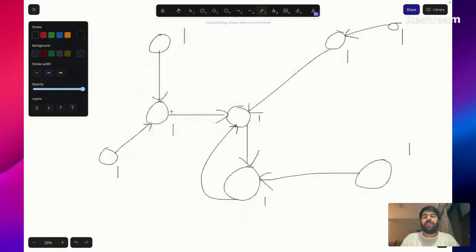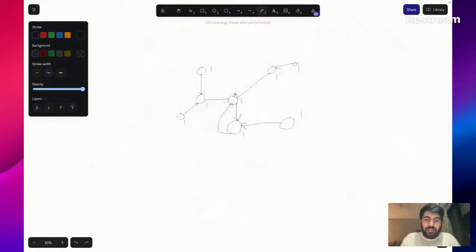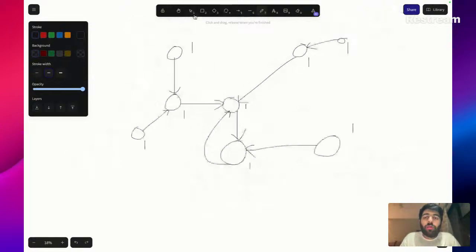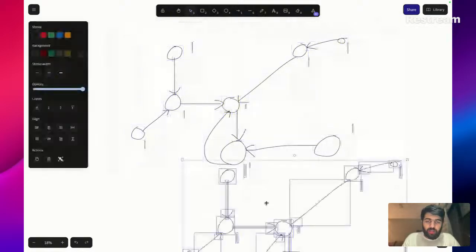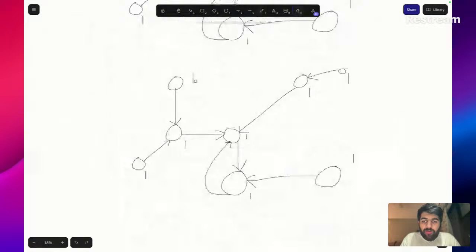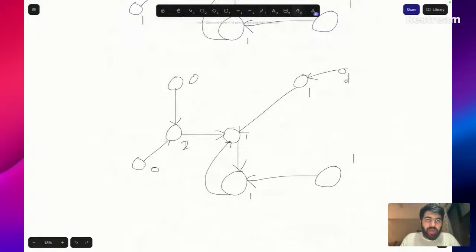If I would want to simulate this somewhere else, I'll just show you how it will look. You can just Control C, Control V the whole graph here. So this one will just go up. These will have 0, 0. This one will become 2. This one will go away.